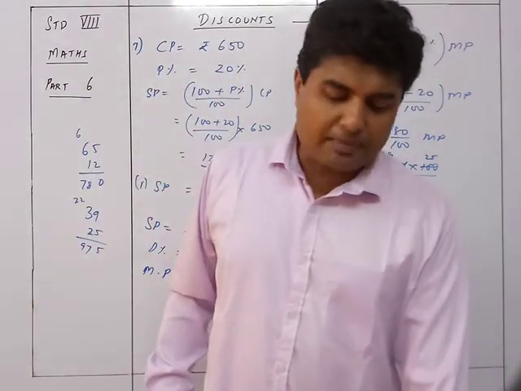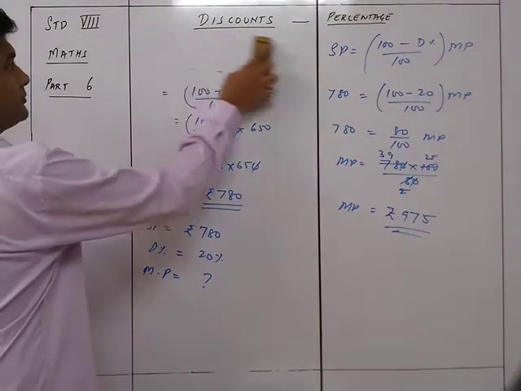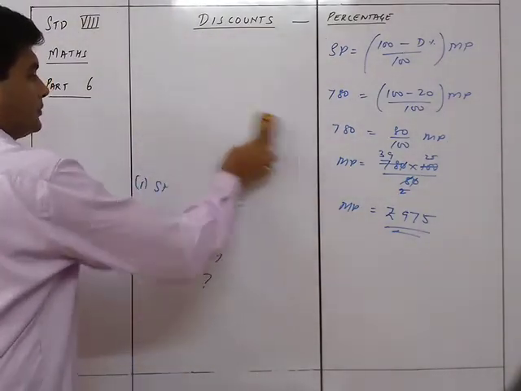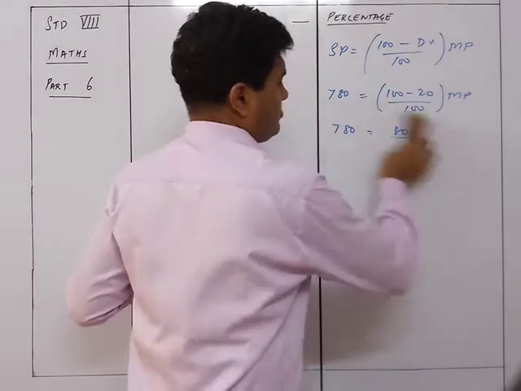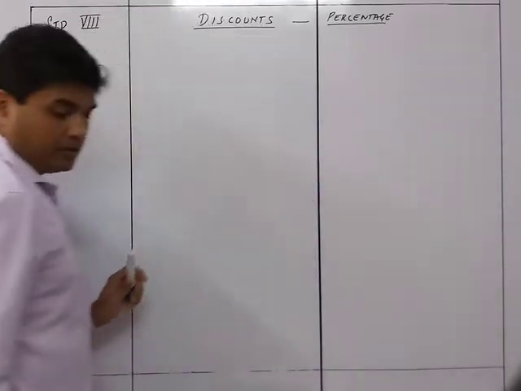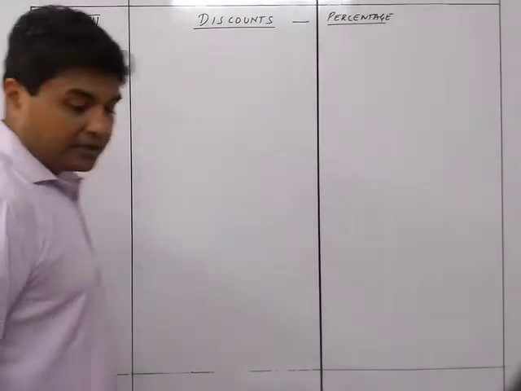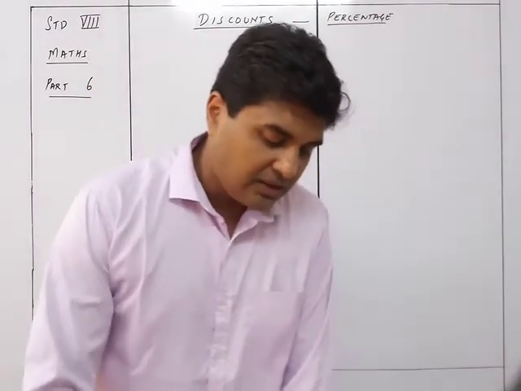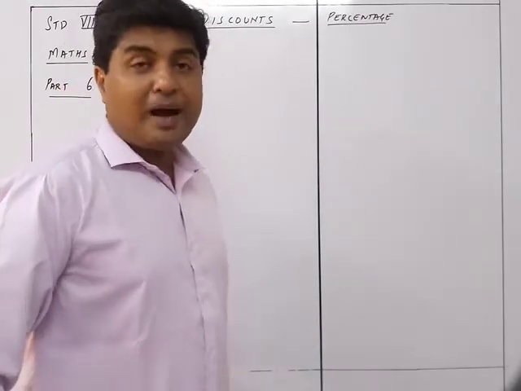We now move on to sum number 9. The cost price of an article is rupees 1600, which is 20% below the mark price.